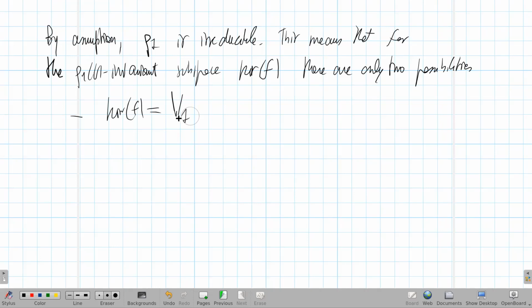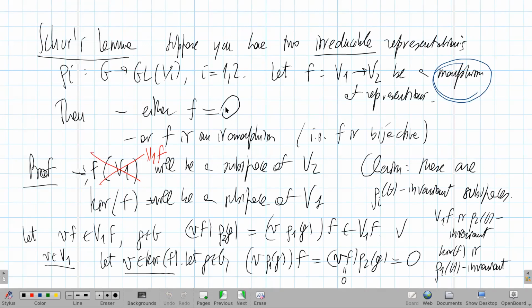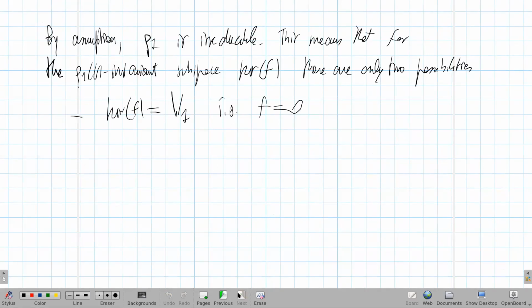If the kernel of F is V1, this means F is 0, because it maps everything to 0. So this is the first possibility: either F is 0 or the other possibility is that the kernel of F is 0. Because just once more, irreducible means these two, V1 and 0, are the only subspaces which are rho 1 of g invariant.